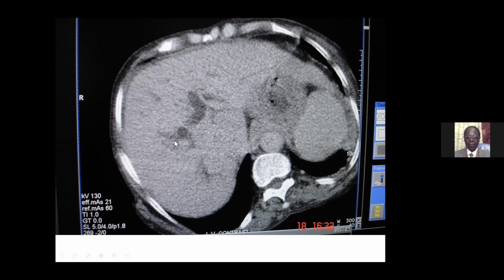This is really oblique because of pain in the right hypochondrium. So this was a case of jaundice, and we were trying to find out what could be the cause. Obstructive jaundice.